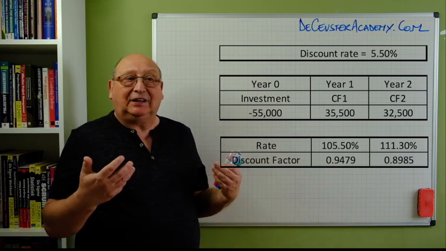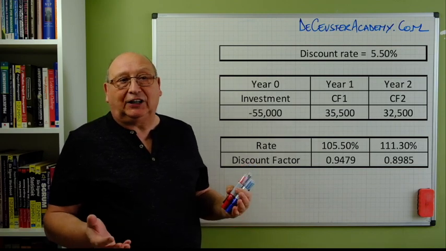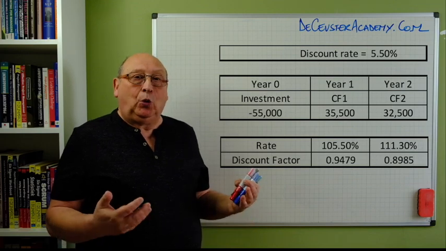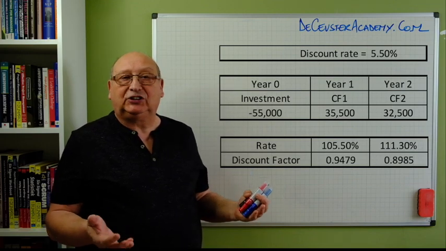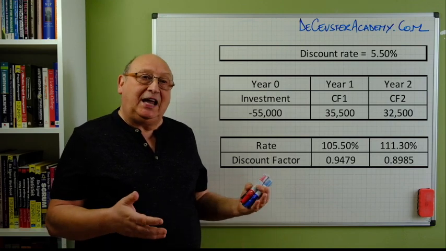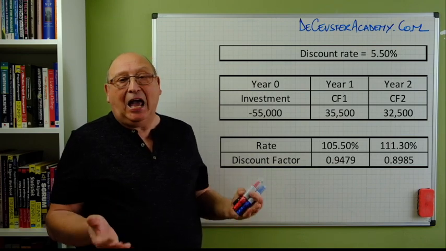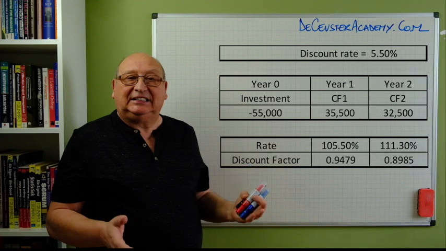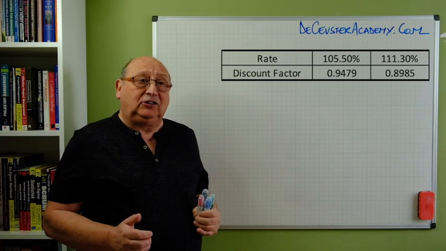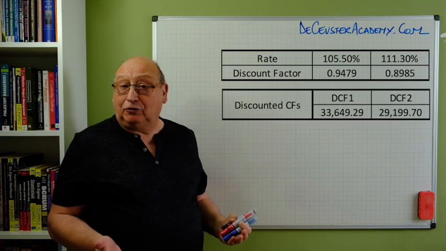Based on this, we can calculate the discount factors. The first year, we have a discount factor of 1 divided by 105.5%, which gives us 0.9479. For the second year, we do the same. We take 1 divided by 111.30%, and we find the discount factor of 0.8985.